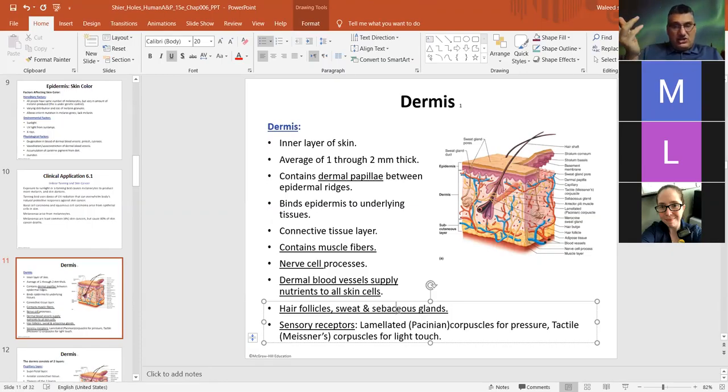Sebaceous glands, I mentioned it before, the glands are named after the secretions. Sebaceous glands secrete sebum. What's sebum? This is the oily secretion that makes your hair a little bit oily, a little bit soft, and so on. Also contains the sensory receptors.